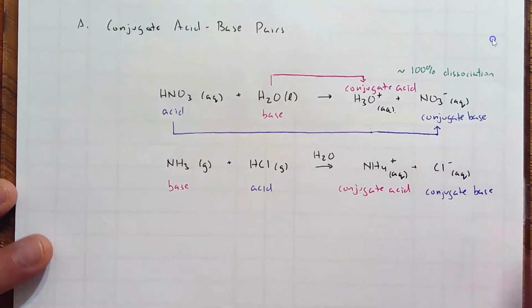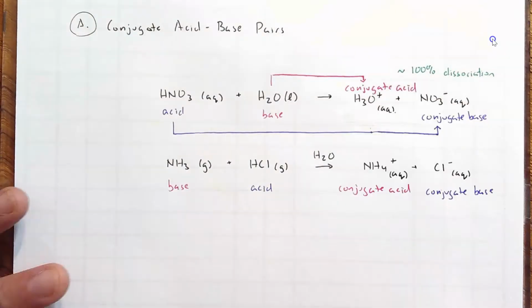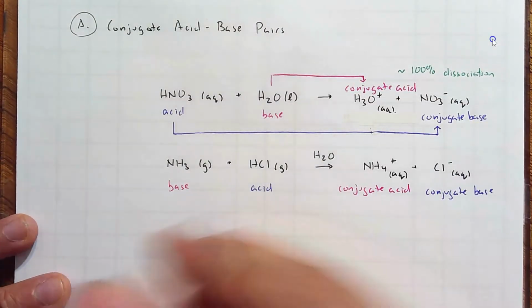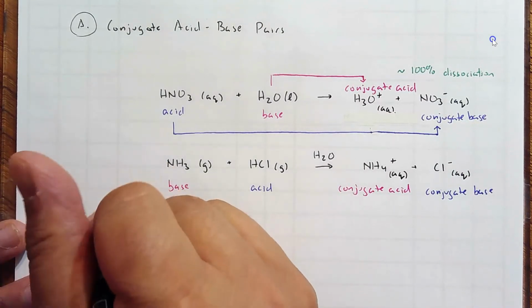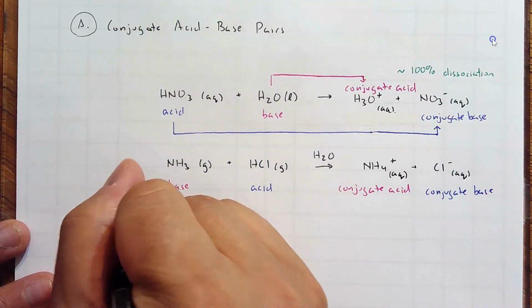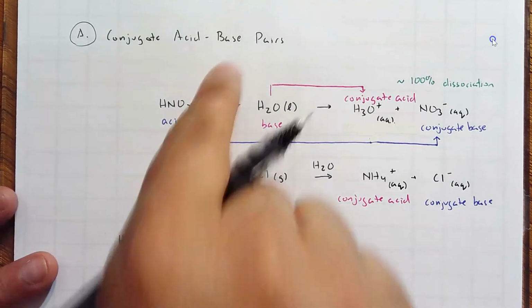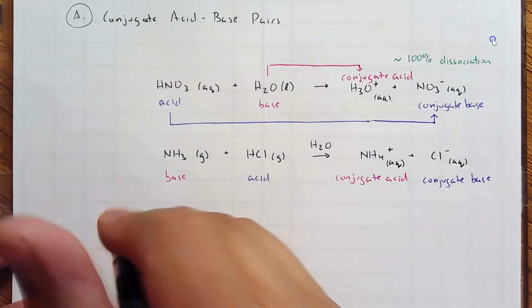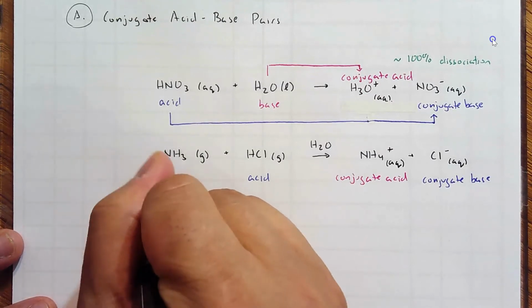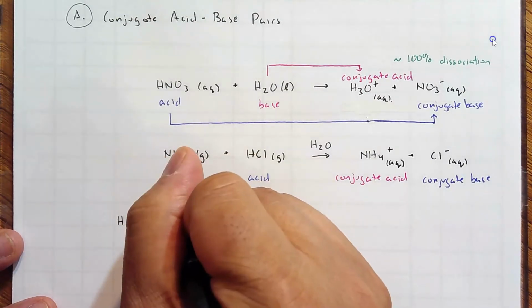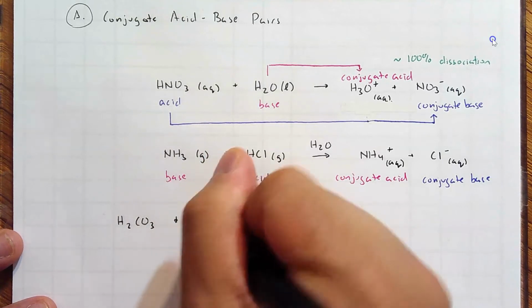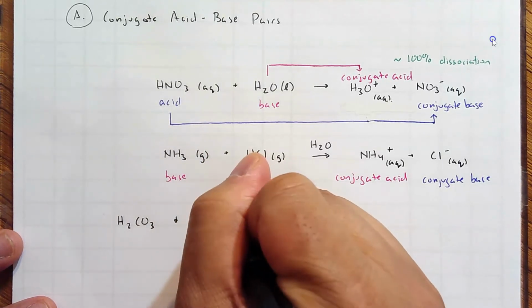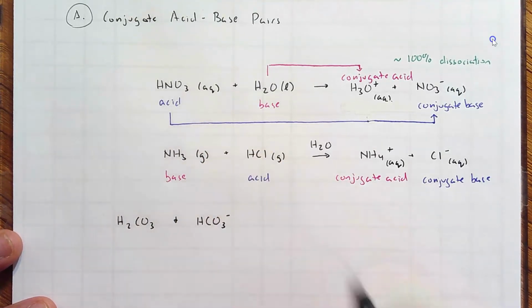Okay, let's practice. A problem that you may see on an exam or in the textbook is something like this. You're given a pair. You know, our title is conjugate acid-base pairs. You're given a pair of molecules. Let's do H2CO3 and HCO3 minus.